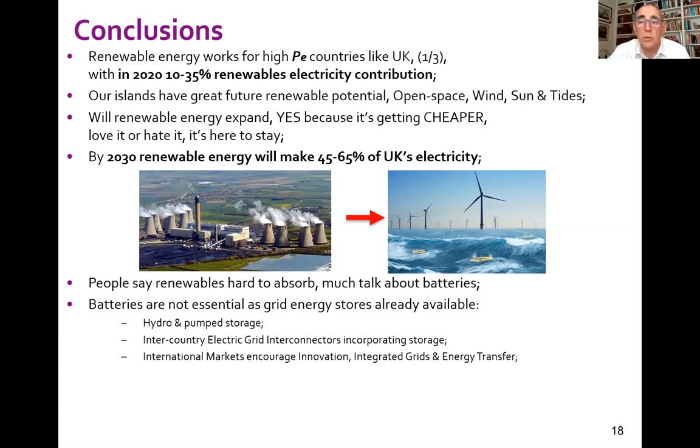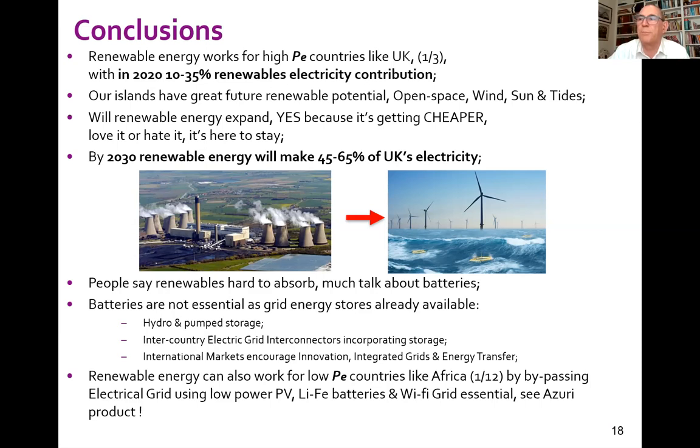We've got a lot of hydro plant and pump storage, which is a store. We've got inter-country electric grid interconnectors incorporating storage. And we've got international markets that stimulate innovation, integrated grids and energy transfer. So batteries are not necessary or essential for renewables in a developed grid installed system.